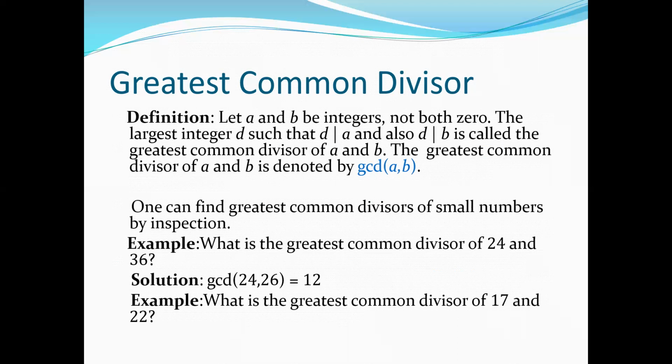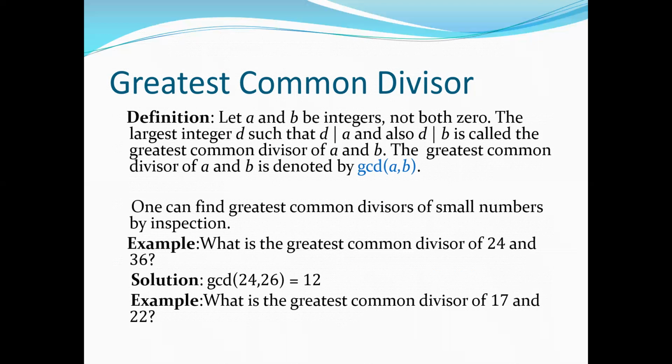So for 24, we have 24 and 1, 12 and 2, 6 and 4, 3 and 8. Am I right? And then for 36, 3 times 12, 6 times 6, 4 times 9, etc. And the highest common factor between 24 and 36 is 12.